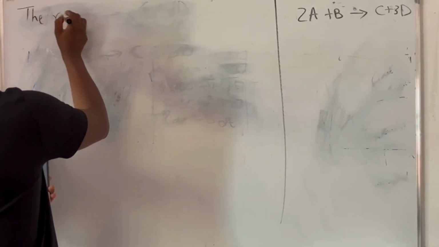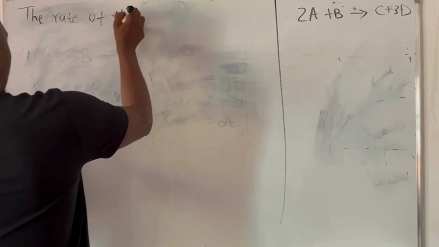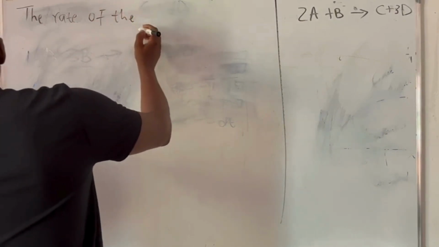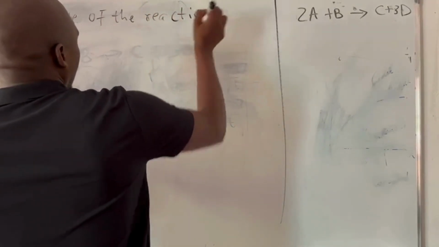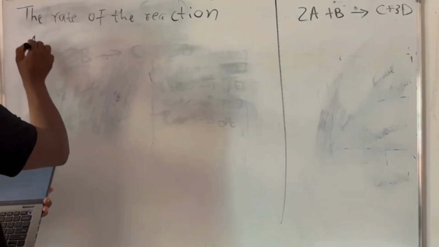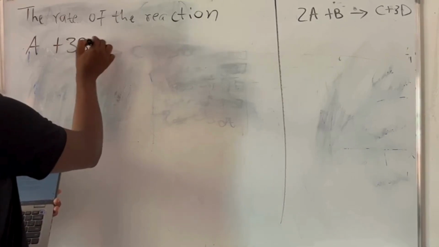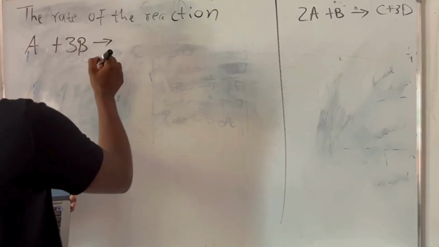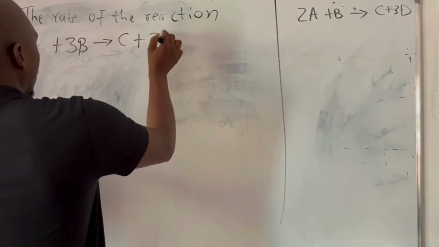The rate of the reaction, what reaction? The reaction goes like this. It's A plus 3B to give us C plus 2D.